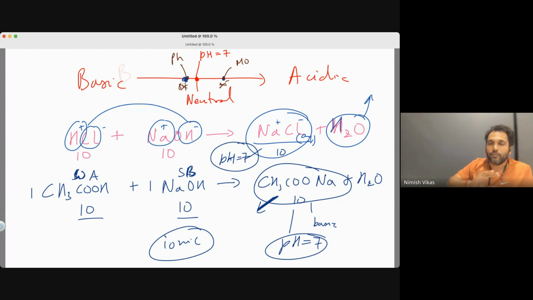But when we are very sure that all the base is gone and only acid is remaining, then only methyl orange is going to show a color change. Is that clear? When it is on a dicey point, phenolphthalein will show a color change. When it is fully acidic, then methyl orange will show a color change.